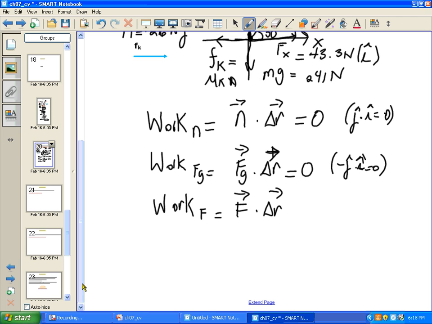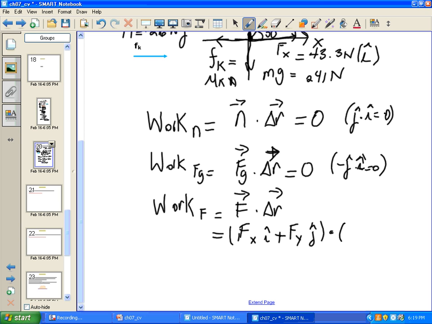Coming over here, you can see that the only component that contributes to the work is F sub x. And so here we have F sub x i hat, dotted with, okay, let's go ahead and write F sub y j hat, but you know that this term is not going to contribute anything.